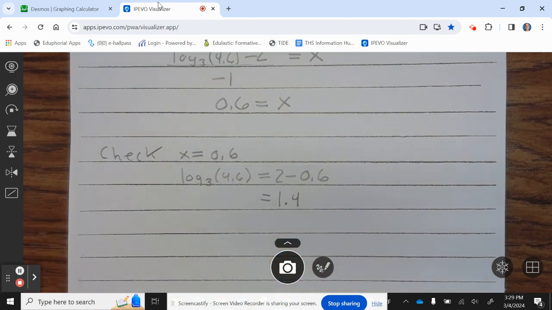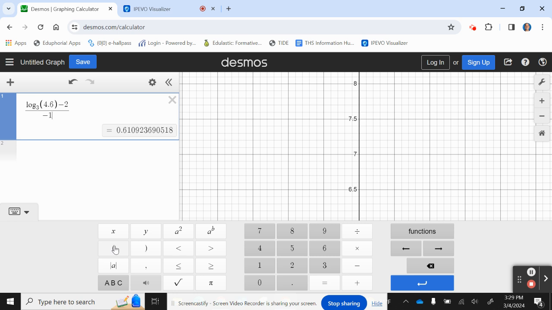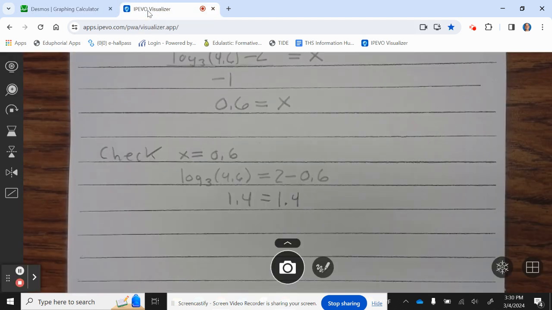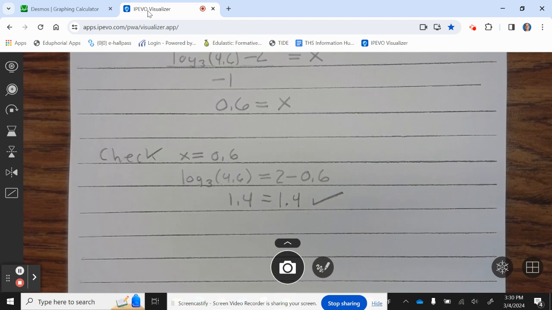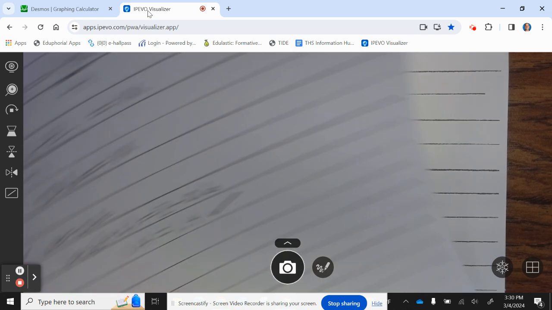So let's see if the left side equals 1.4. It does. So 1.4 when you round. So then this checks. So x equals 0.6 is a valid solution. All right, let's take a look at the next page.